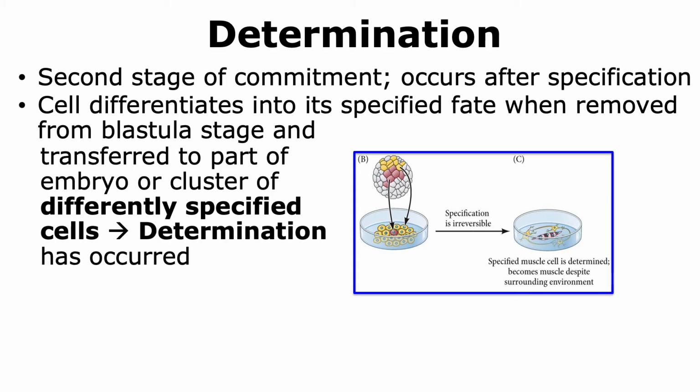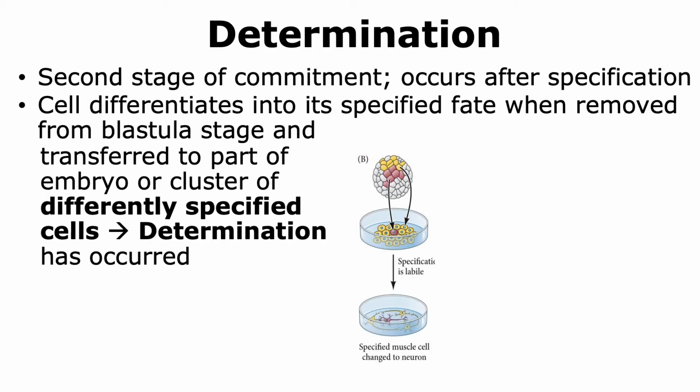If we take one of the muscle cells, which is the pink cell, and culture it in an environment where you have the neuronal cells and observe the fate of that muscle cell, if it actually becomes muscle despite the presence of the neuronal cells, the specification is irreversible, and that cell is said to have undergone determination.